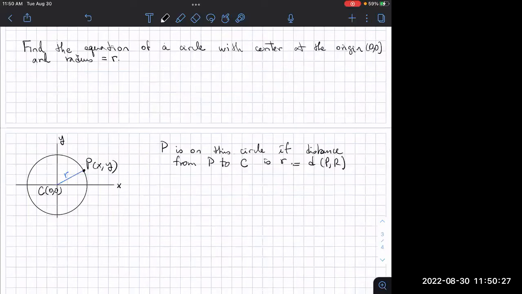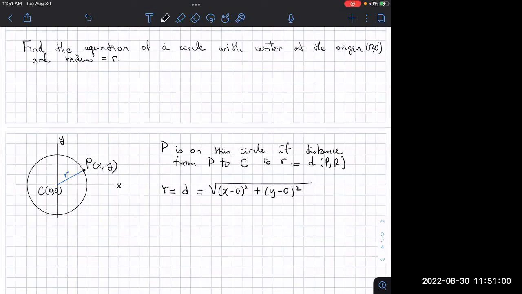So we have 2 points with coordinates x, y, and 0, 0, and then we can apply the distance formula. r is the distance between these 2 points, which is the square root of the difference of the x components, x minus 0 squared, plus y minus 0 squared.